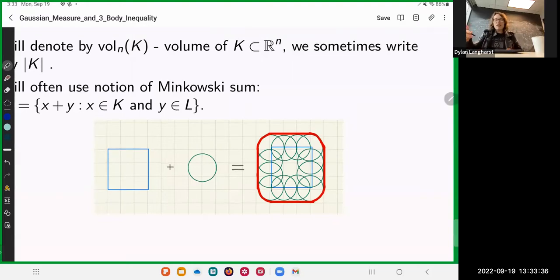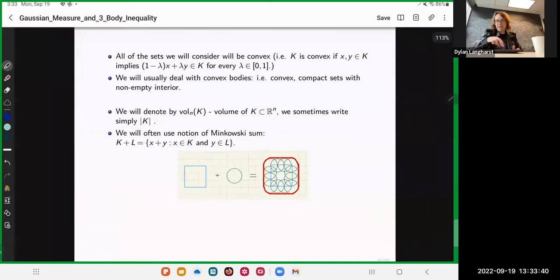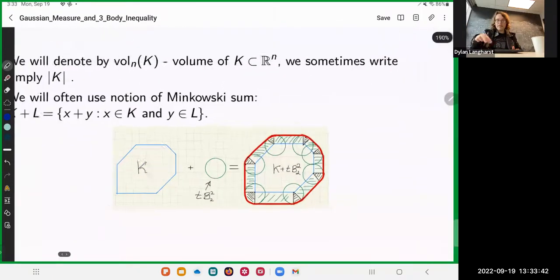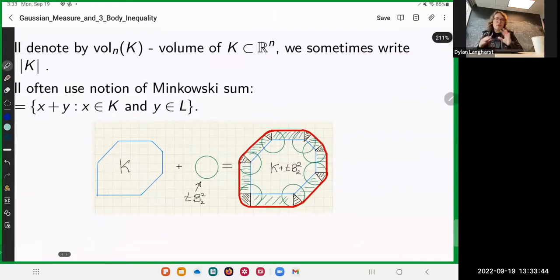Now a natural question is, what is the volume of what I added? Let me do a harder picture to emphasize it. I see this dilated body where I took this convex body K and I added a ball. It contains the original convex body, which you can see here in the blue.